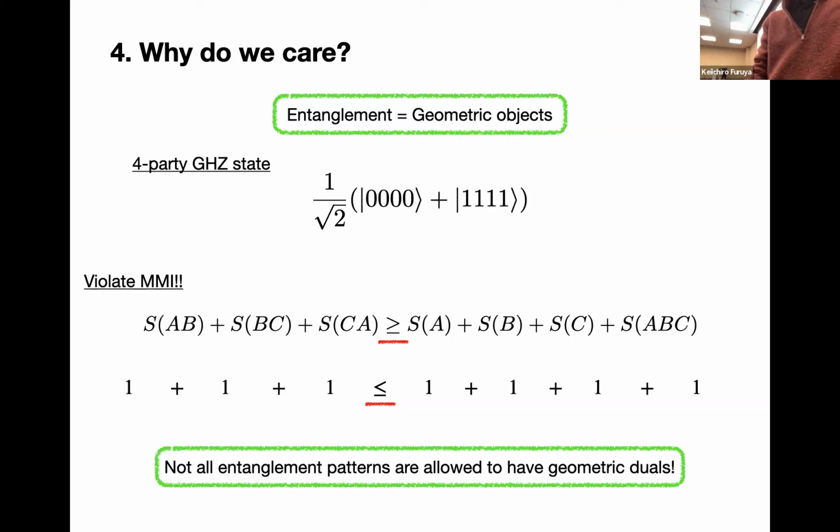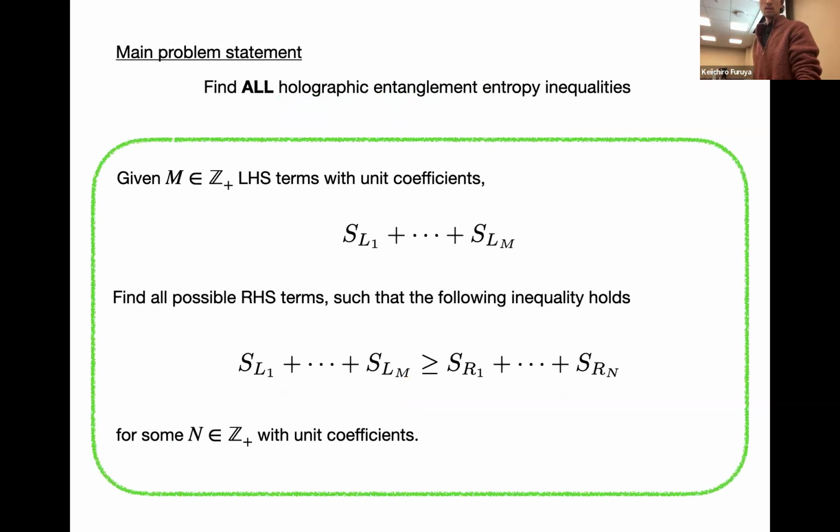Any other questions? This is actually the end of the introduction. Good. Okay, so let me state the main problem statement in detail. The main problem statement I said was to find all holographic entropy inequalities. In detail, this is the problem I want to solve. Given m as a positive integer, we have m terms with unit coefficients of entanglement entropies.